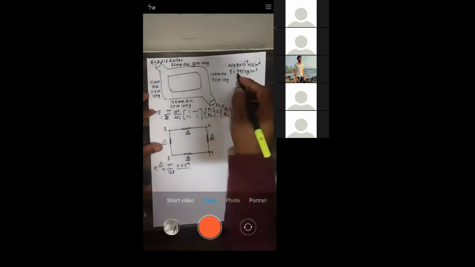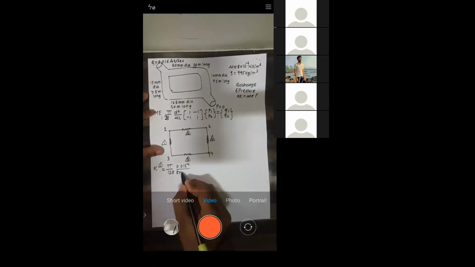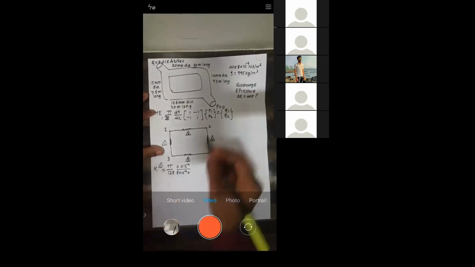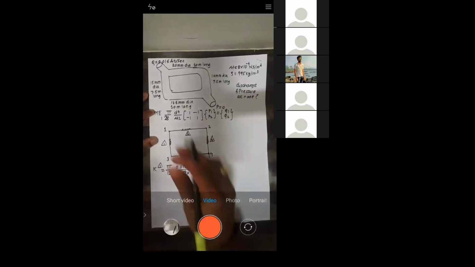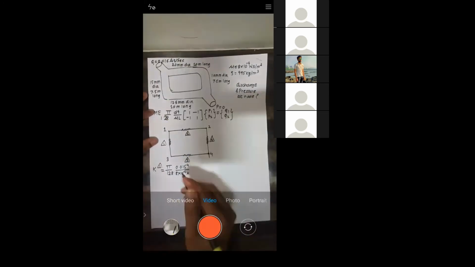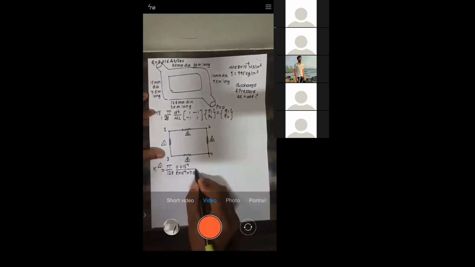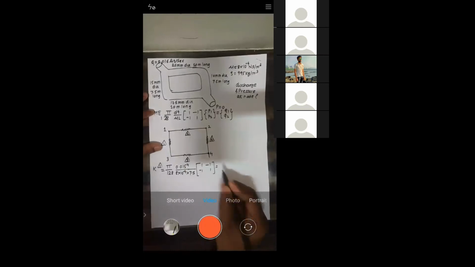Mu is given as 8 into 10 to the power minus 4. Mu into L, the length of the first element, 7.5, into [1 -1; -1 1]. So tell me, how much are you getting for this value?